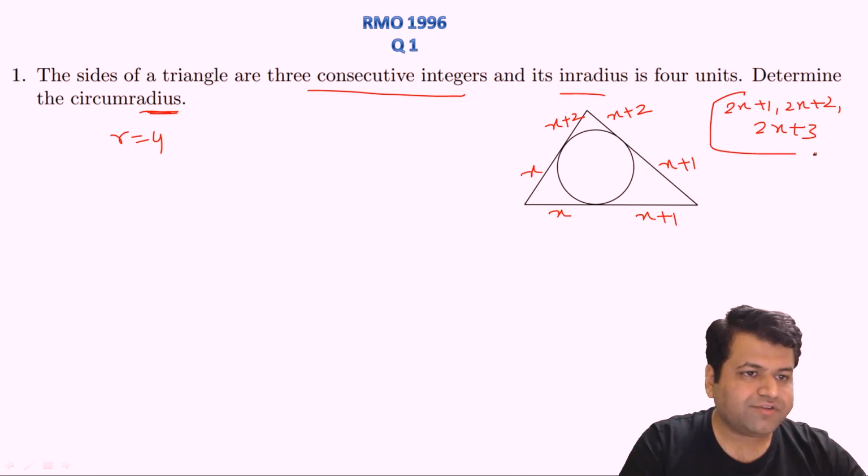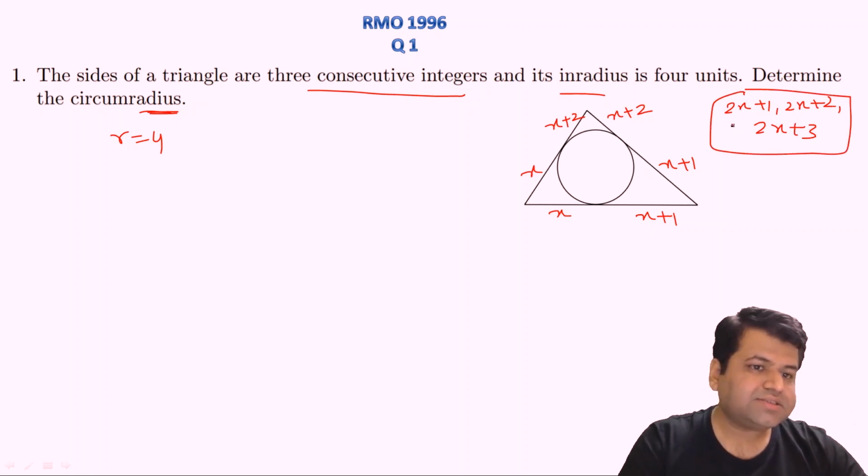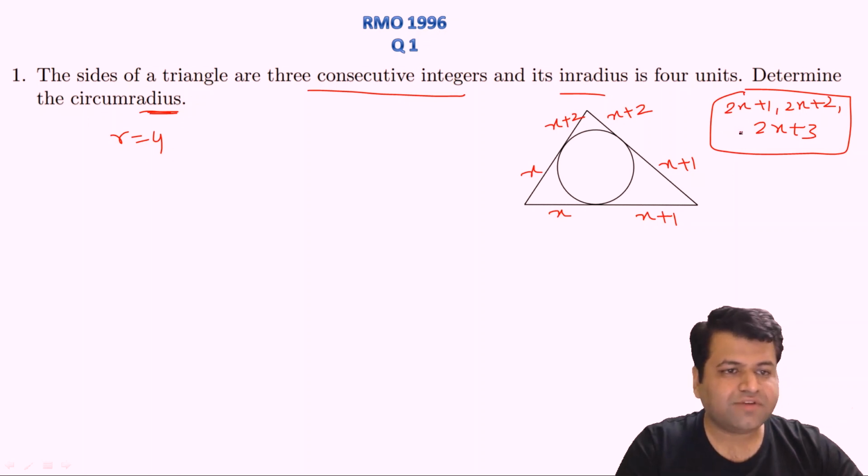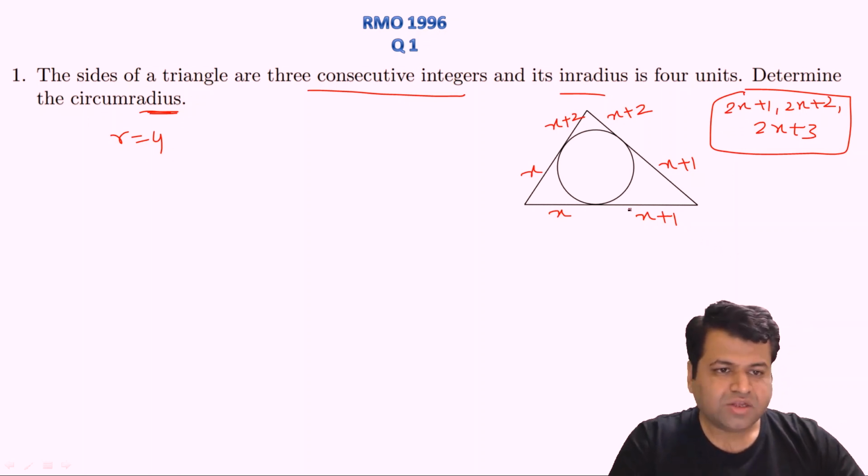Clearly they are consecutive integers, provided x is a rational number with denominator 2, right? So let's try to find out the value of small r.